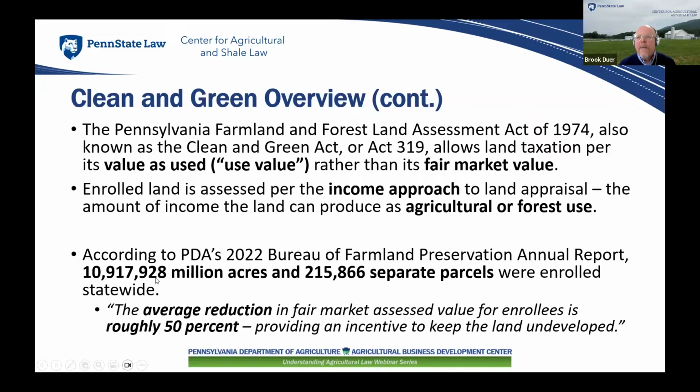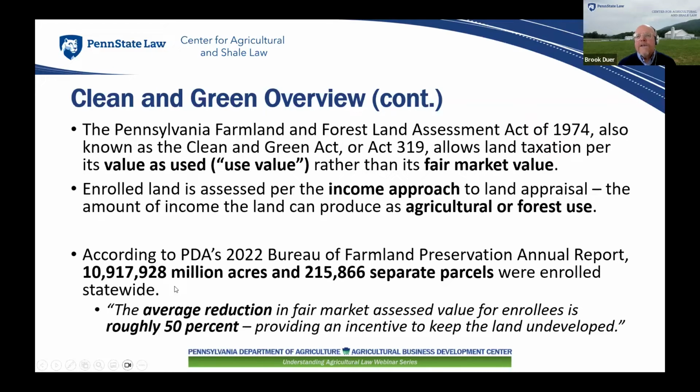For a state program, that is quite a success story. This may be one of the greatest success stories in the history of Pennsylvania's legislative efforts to ensure the continued viability of farming in the state.